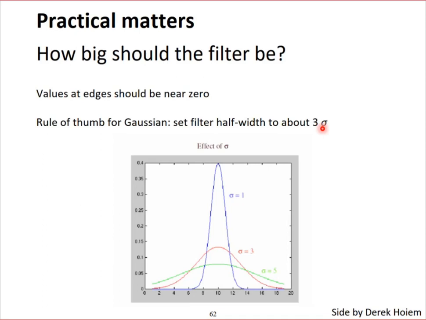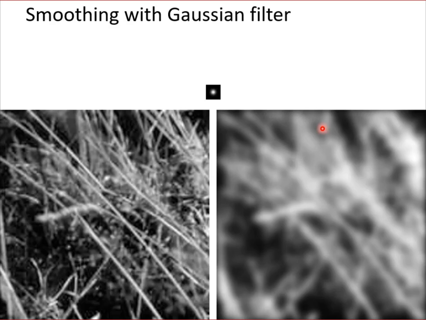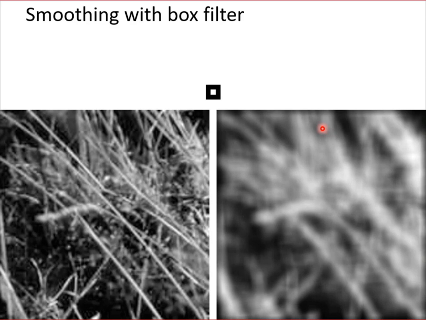And let's make a comparison between the Gaussian filter and the box filter. This is the result of the Gaussian filter, and this is the result of the box filter. Can you see a difference? I think the difference is not very clear here. If you have a laptop, maybe it will be clearer on your laptop.